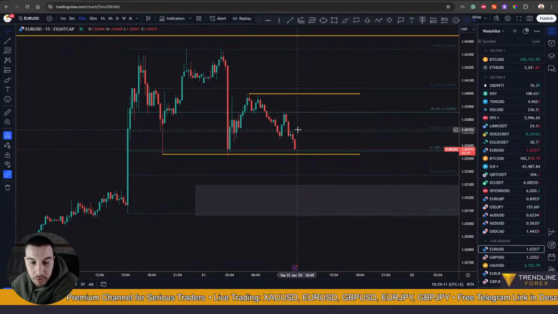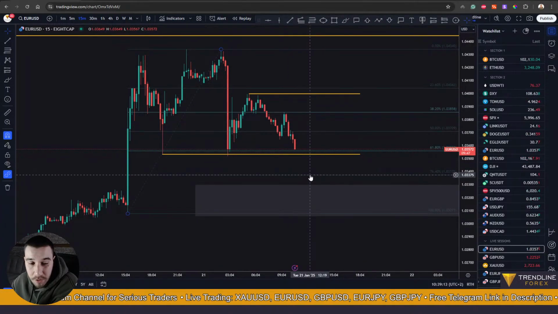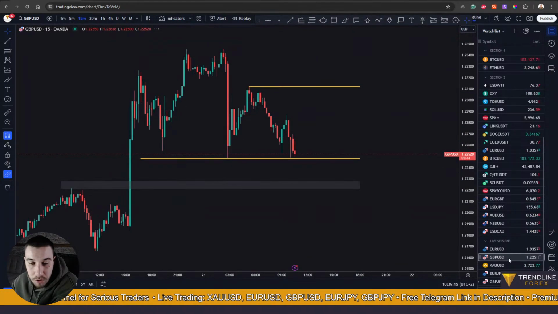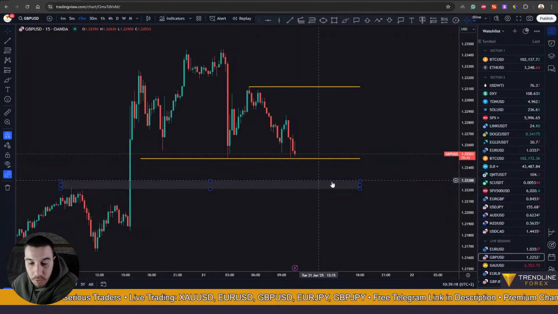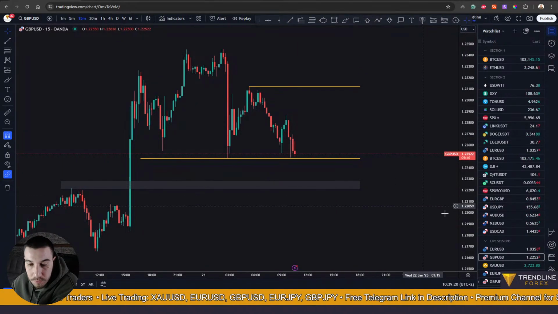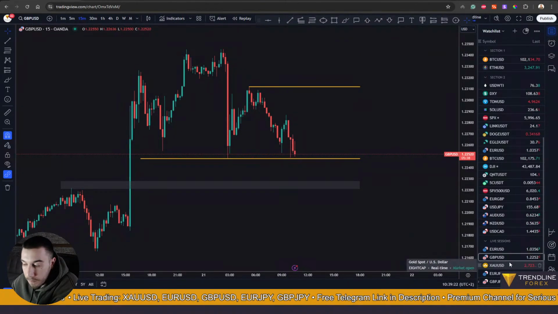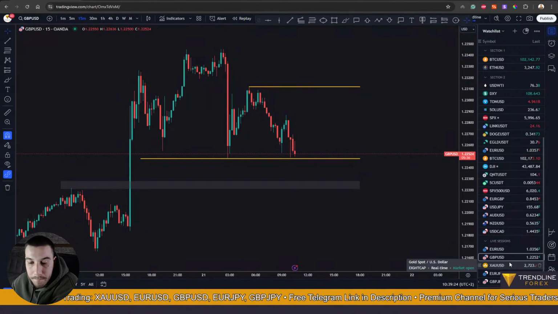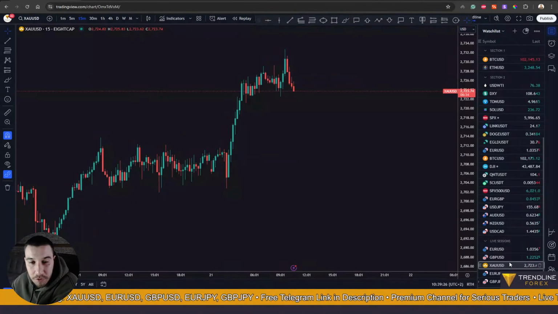Looks like we're heading towards those zones, those lower levels we're expecting to see, but still quite a slow price action, to be honest. We could potentially see some more momentum later on.